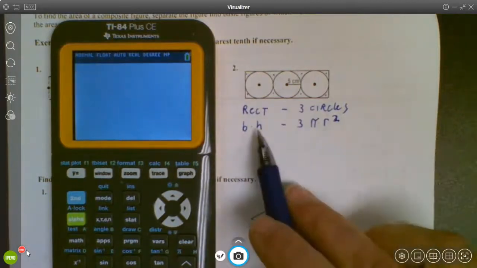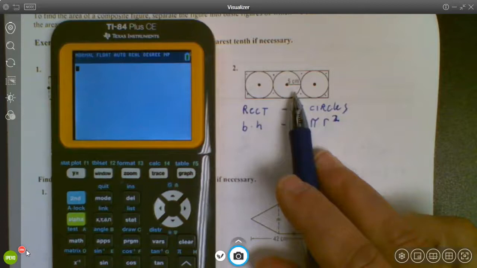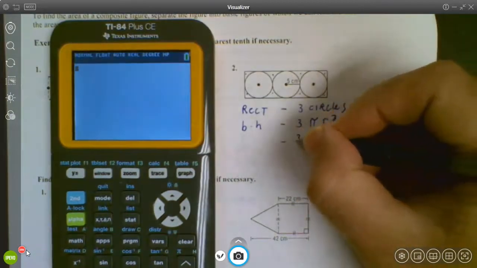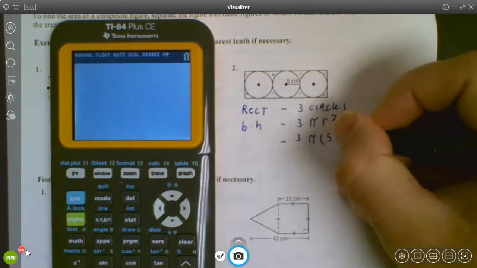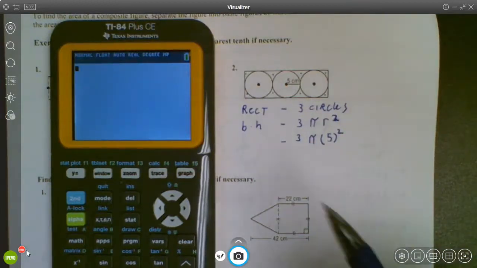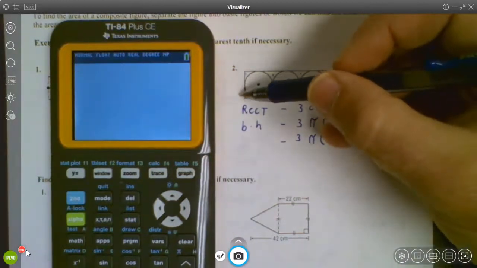So let's just start with the area of the rectangle. Now, all they're giving us on this is the radius of a circle. So let's just plug that in right away. So that part's good. So how do we come up with these guys? Well, a couple things you could look at. Let's just consider the easy part first right here.